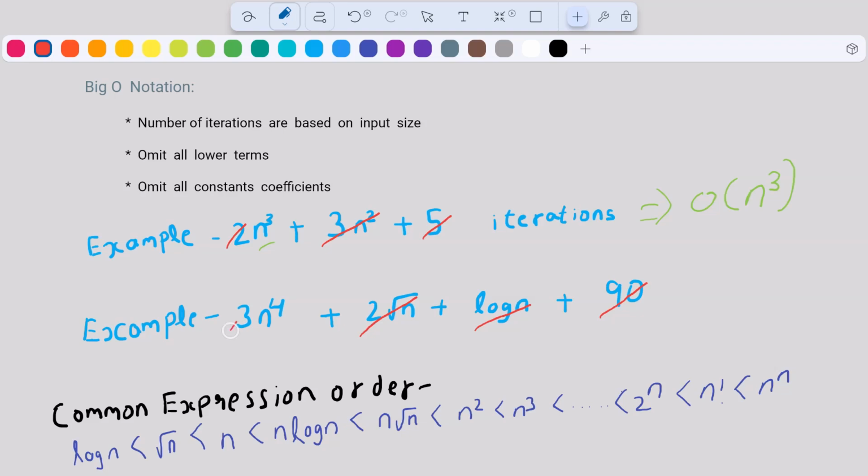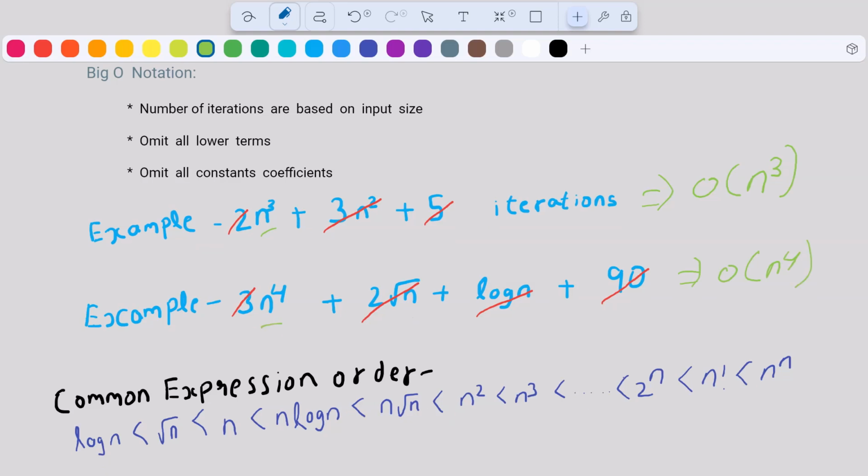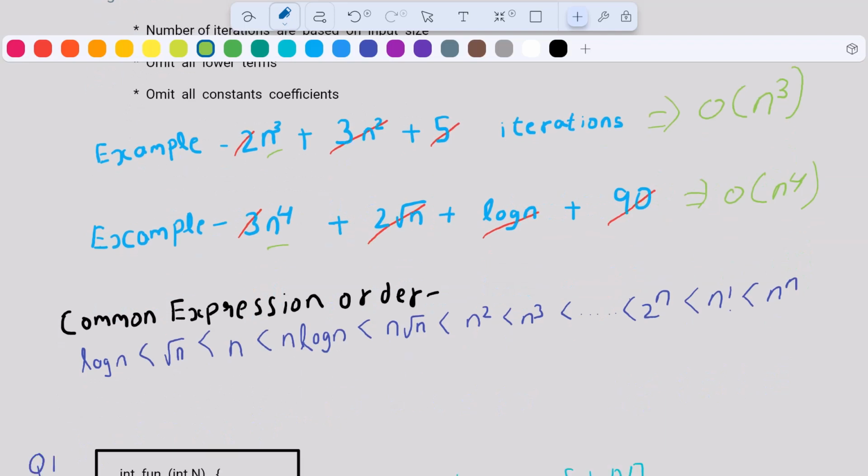So this is the constant coefficient, so just remove it, and what remains will be the answer. So the time complexity for this will be order of n to the power 4, which we are getting from here.